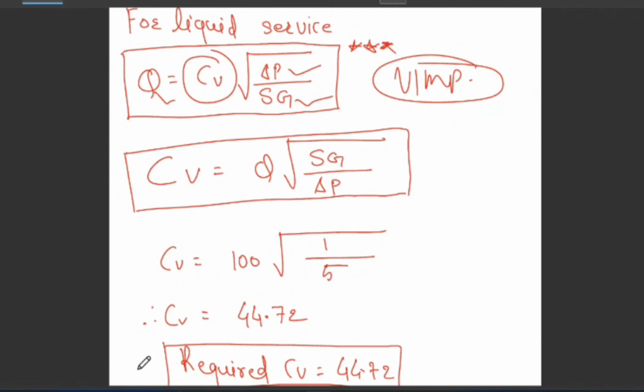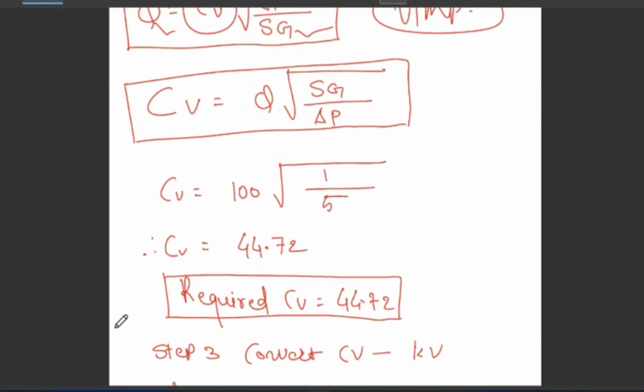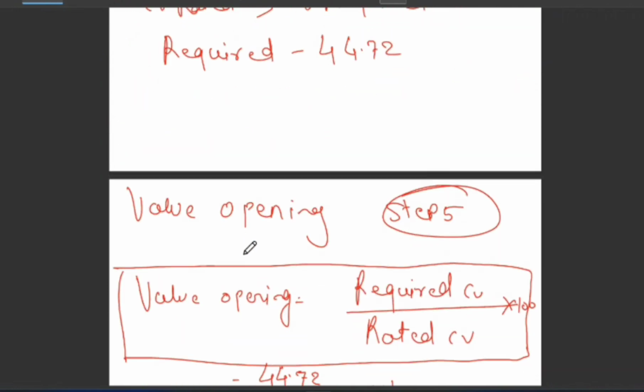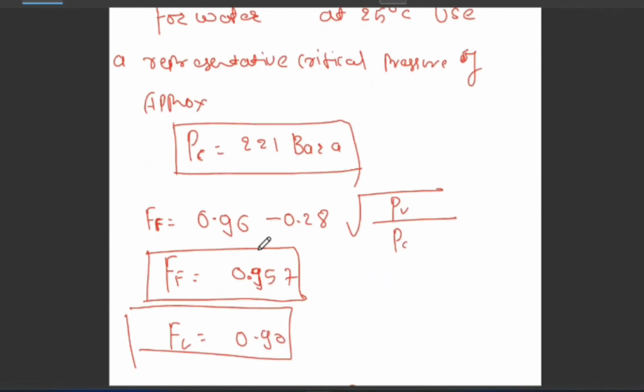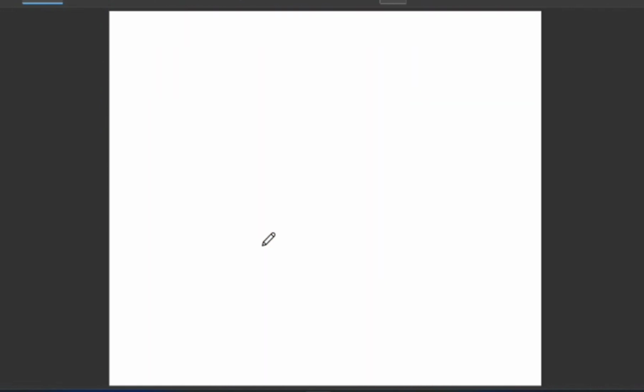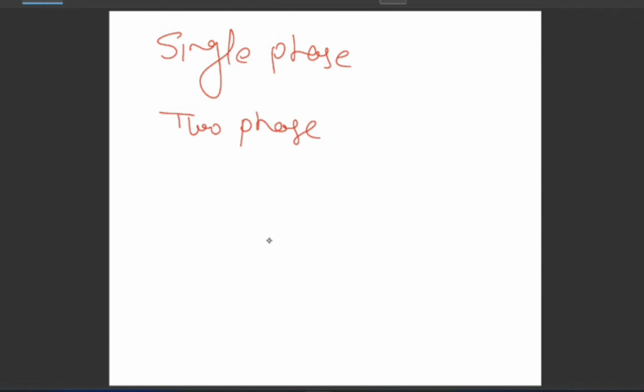Any question, guys, on this control valve? One more thing. There are three types of phases. One is single phase. Second is double phase or two phase, and third is gas phase.